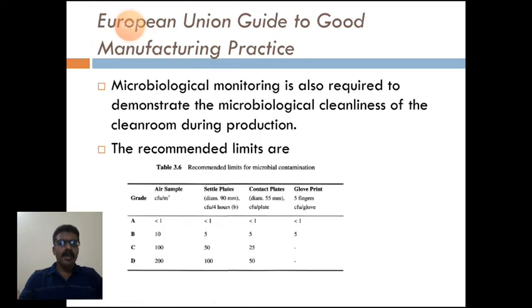Microbiological monitoring is also required to demonstrate microbiological cleanliness of the clean room during production. The recommended limits for the different classifications A, B, C, D, of microbial contamination are given in the table.